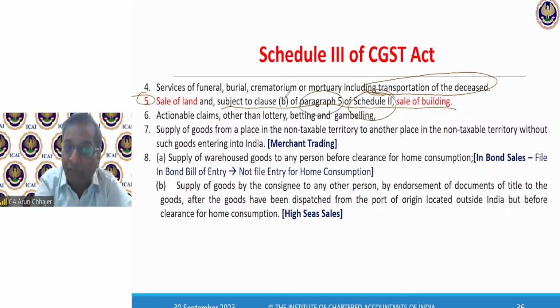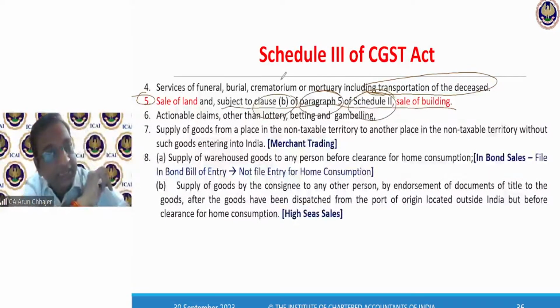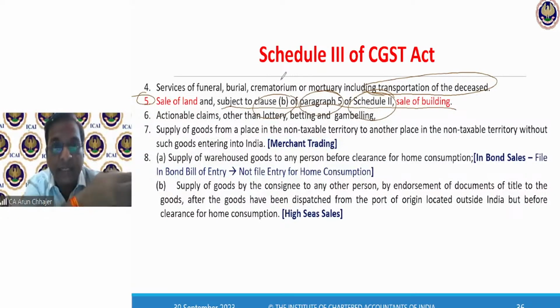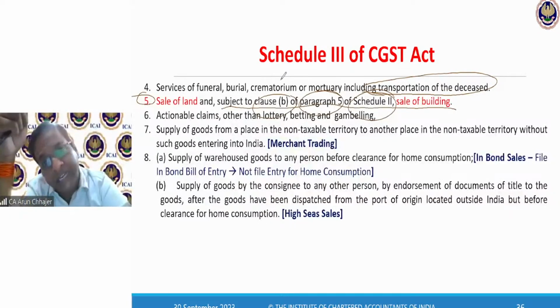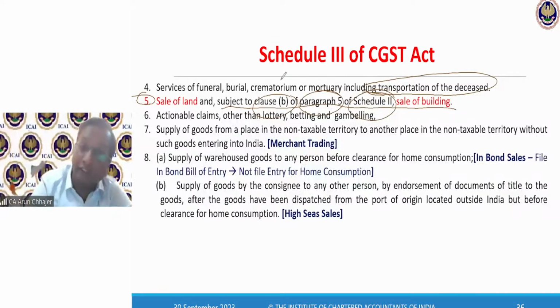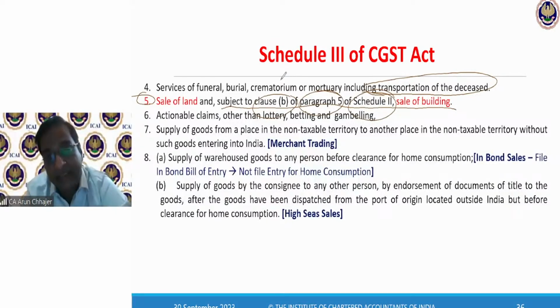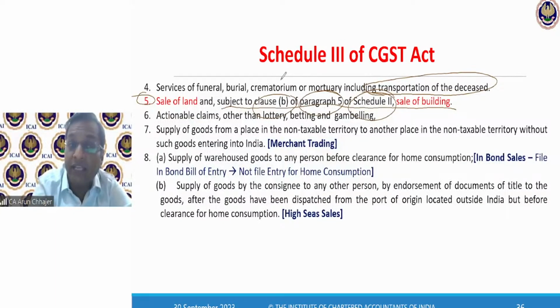Schedule 2, Para 5, Clause B. We covered in the last class that under construction building, if it is under construction, will be treated as a supply of service and then taxable. So if it is not under construction, it means 100% consideration is received after CC or first occupancy, whichever is earlier. After that, if 100% consideration is received, then that particular transaction would be covered in Para 5.